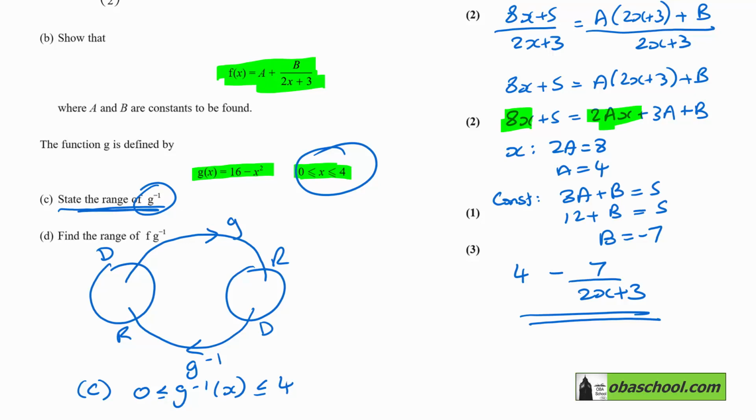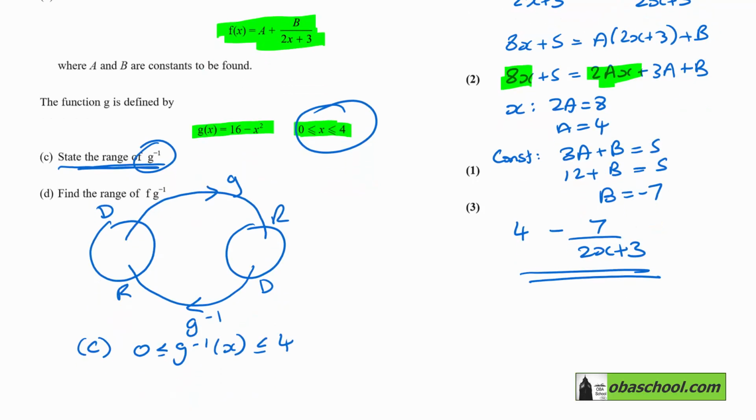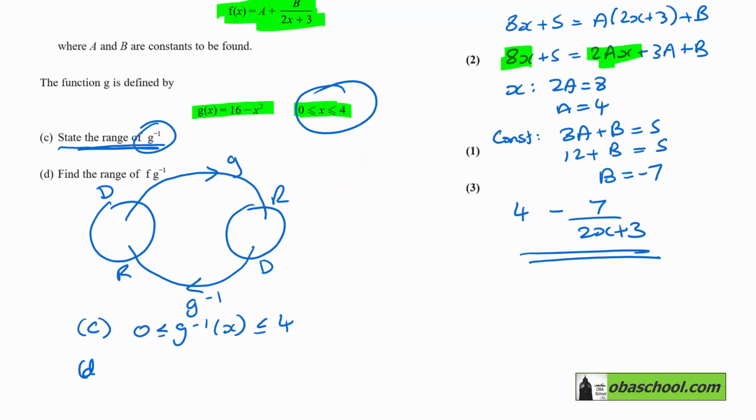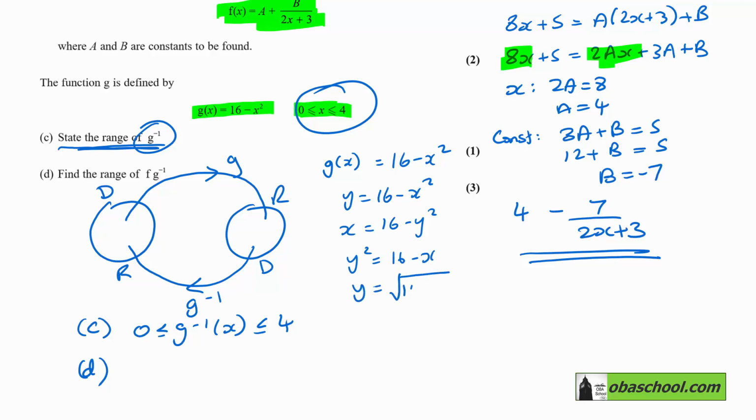And then in part D, we want to find the range of f of the inverse of g. So what we could do is take the inverse of g, which, since g of x is 16 minus x squared, so y is equal to 16 minus x squared, interchange x and y. That gives us y squared is 16 take away x, so y would be the square root of 16 minus x. And we do need the positive square root because of this.